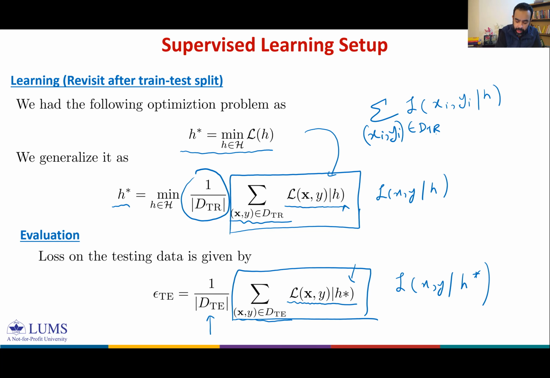Sir, what is the meaning of the loss given H and the loss given H star? How is that linked? When we evaluate, the expression you have written, loss of xy given H, so H is not the specific function that we selected, it belongs to the hypothesis class. So this is learning, right? Wherever there is only h, learning is happening. We do it for every h, and we pick the one, h star, for which this is minimized.